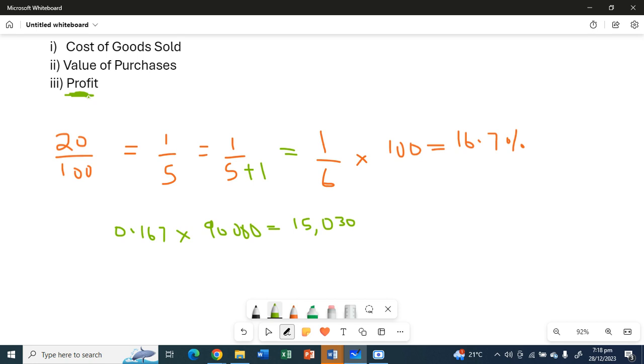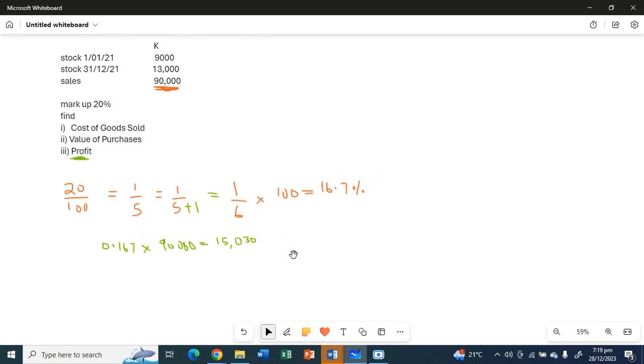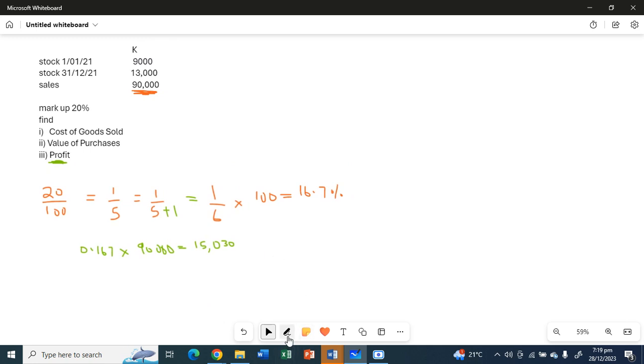Now, we need to tabulate our cost of goods sold. So we have to remember the format of a trading account. With the trading account, you have your sales. So in this case, we're going to have our sales here, which is 90,000.